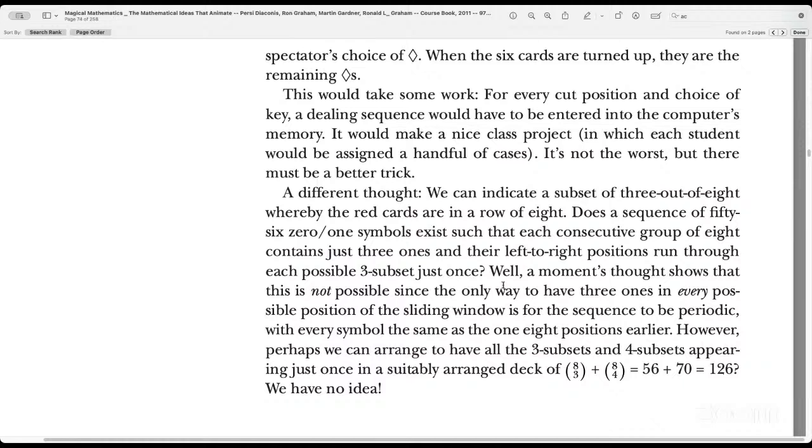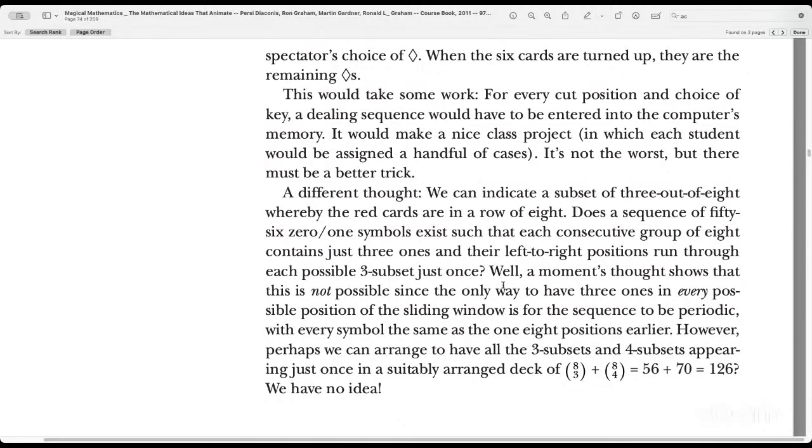It seemed like morally, if you can capture all the 3 sized subsets in a string with 8 symbols, then of course now you're more constrained with the symbols. It's interesting that with a binary encoding, you cannot actually pack everything in.